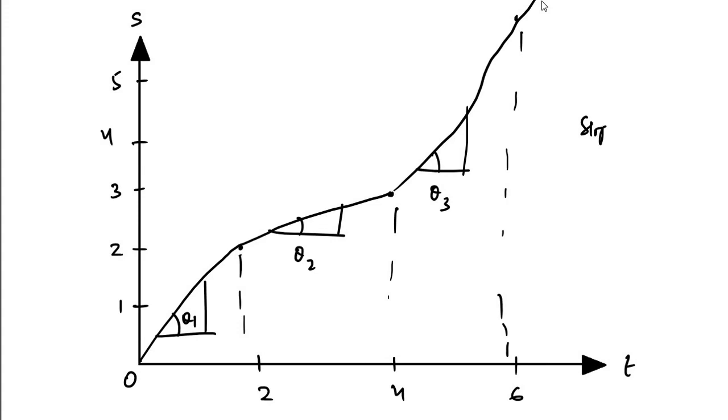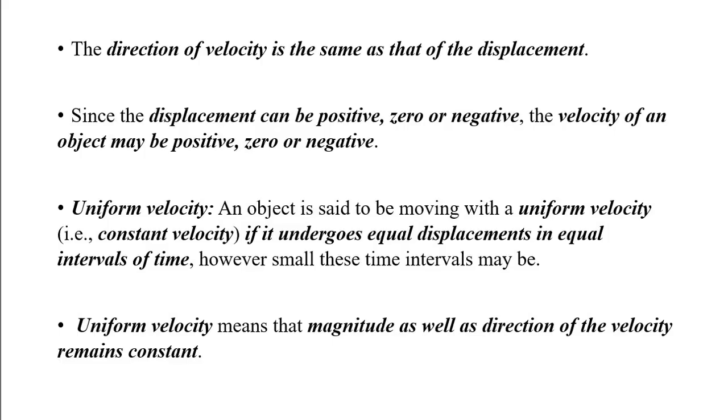Slope is changing means velocity is also changing. So we will discuss in detail related to the graphical analysis of various things. So this is non-uniform velocity, okay, non-uniform velocity.